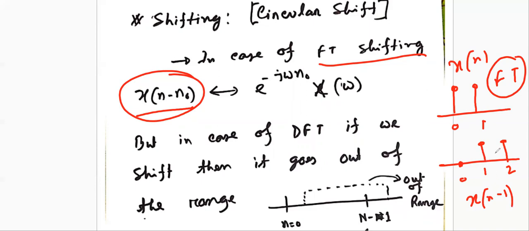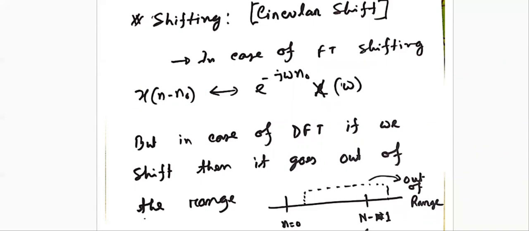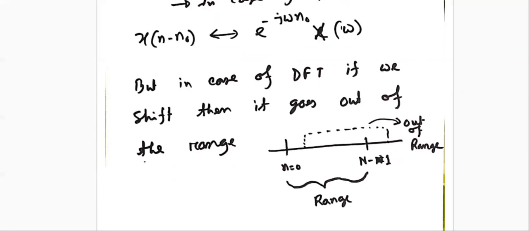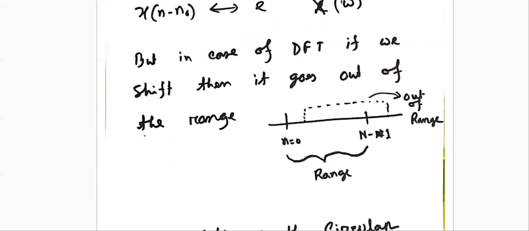Whenever we are doing Fourier transform, this kind of shifting we are doing. But in case of the discrete Fourier transform, we are doing the circular shifting. Why is that so? Because, as you know, the range of view is from 0 to N-1.